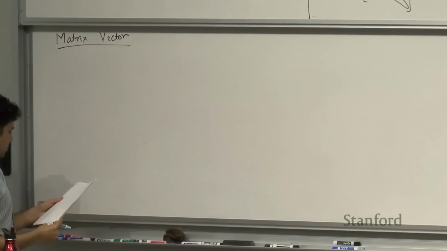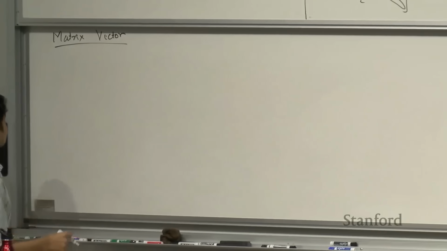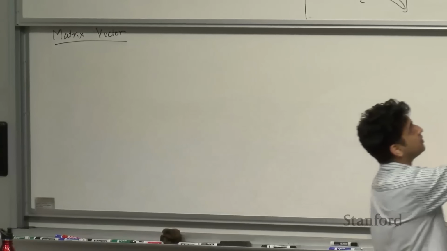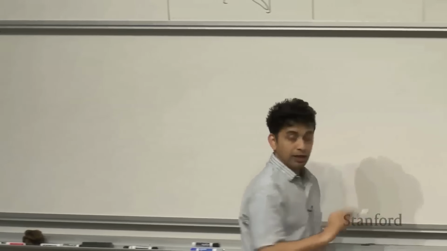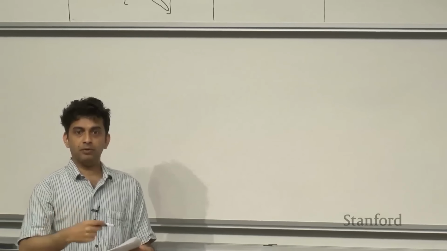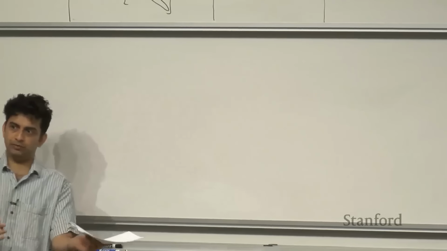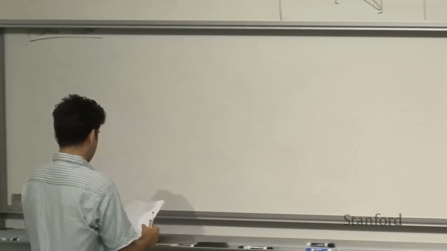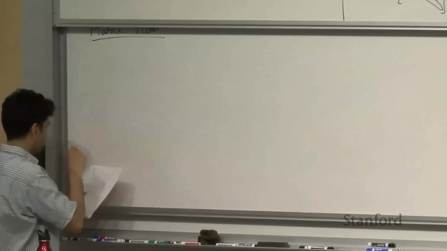So we went over vector-vector operations, the inner product and the outer product. For the inner product, you had to have both the vectors of the same dimension, and you would get a scalar. For an outer product, they could be of different dimensions, and you got a rank 1 matrix. Right. Now let's look at matrix vector operations.